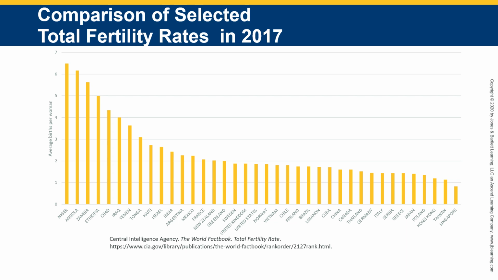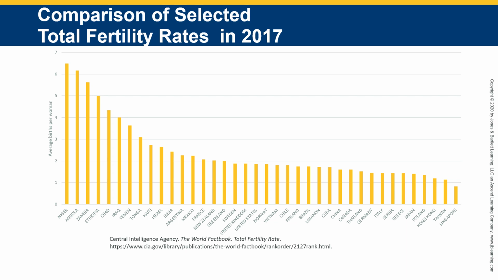All right, here's a comparison of selected total fertility rates in 2017. So this one's a little bit newer, 2 years newer. And you can see here, well, Niger in Africa, look at that, average births per woman, that's 6.5. Wow. Let's look at some other places.